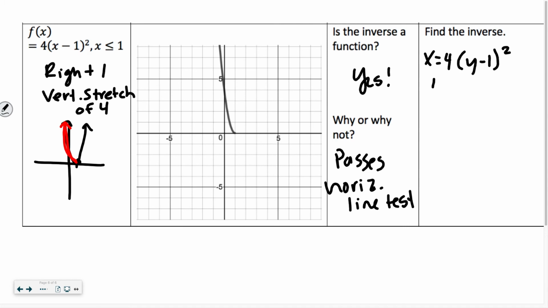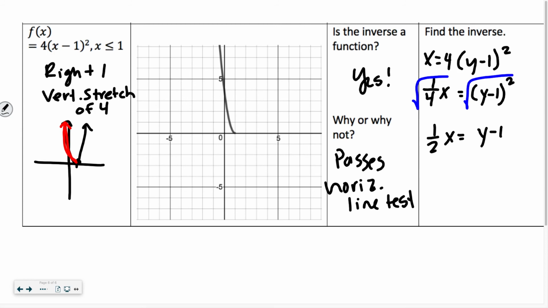I'll divide by 4 first, so I'll get 1/4 x equals y minus 1 squared. I'm going to square root both sides. Can you do the square root of 1/4? It is 1/2.